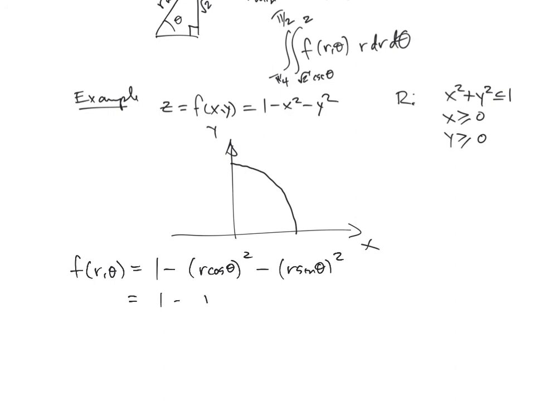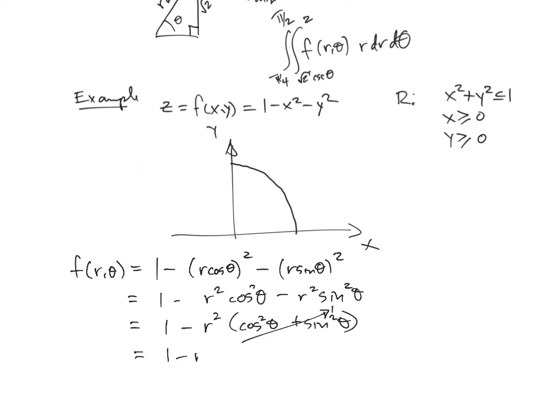You would get 1 minus r squared cos squared theta minus r squared sine squared theta, which is equal to 1 minus r squared times cos squared theta plus sine squared theta. Cos squared theta plus sine squared theta is equal to 1, so you end up with 1 minus r squared as our function expressed in terms of r and theta.